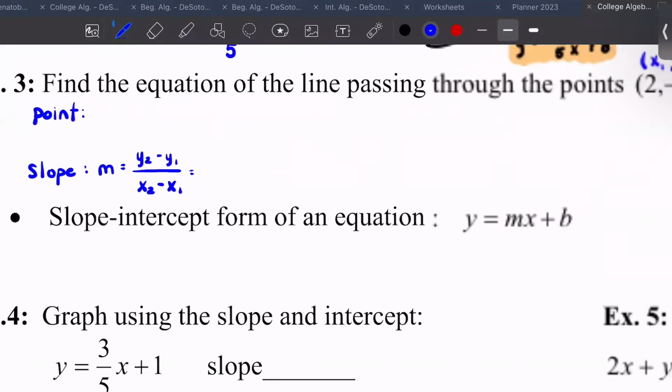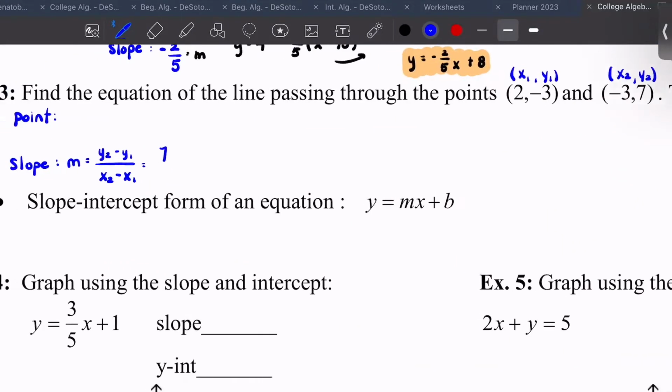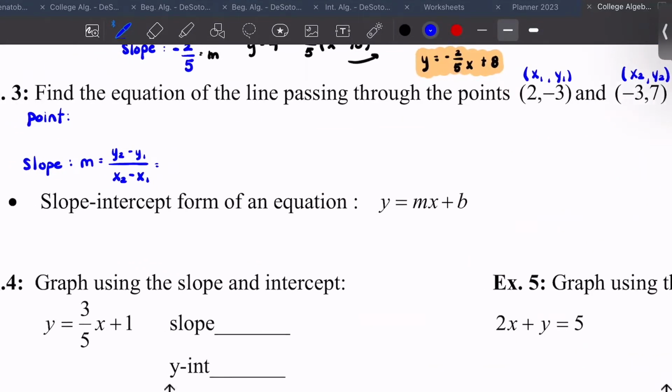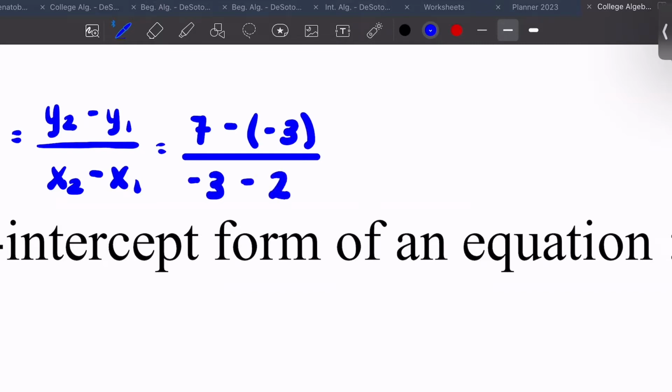Okay, and we have y2 as 7, y1 as -3, x2 as 3, x1 as 2.